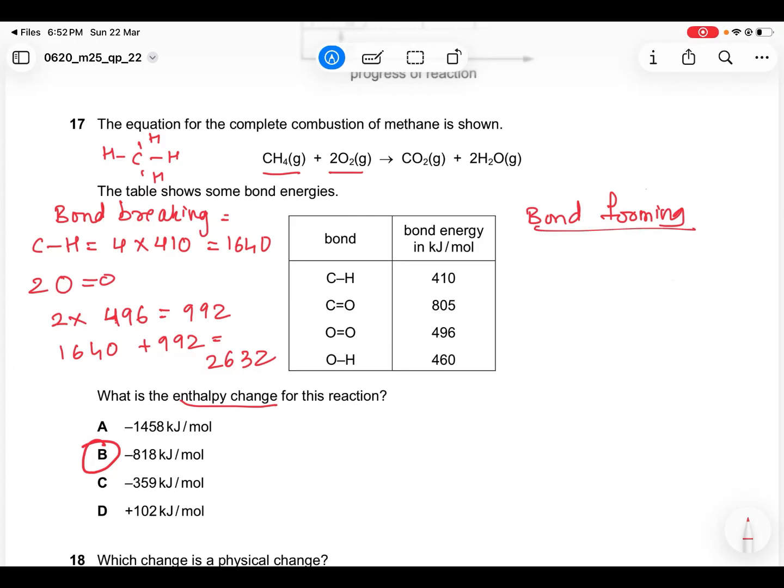Now bond forming. In CO2 the bonding goes like this: O double bond C double bond O. I have total 2 CO double bonds, so 2 into 805, and in water I have H-O-H, so I have 2 OH bonds, and I have 2 molecules of H2O.